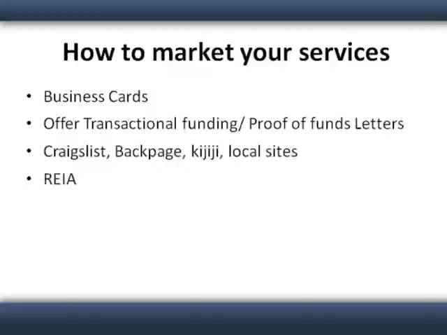But again, with the RIAs, you can offer the transactional funding. You can offer the proof of funds letters. You can offer your access to private lenders. You can offer to create a database of private lenders for individuals. That's something that I do. It's a little more advanced, and we'll be talking about how you can actually do that through the use of public records in the next module.